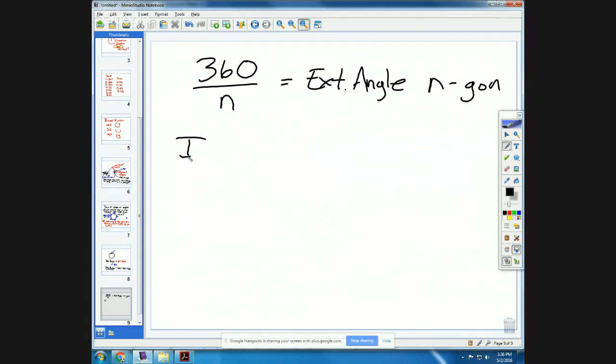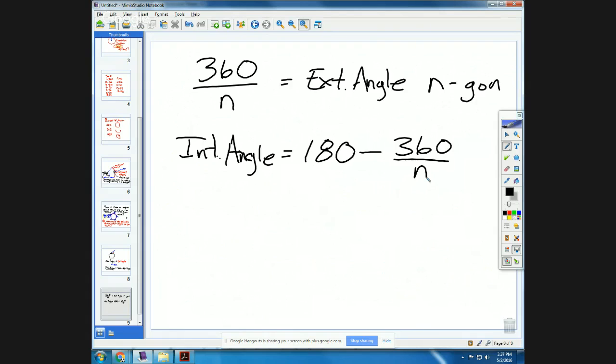The interior angle is equal to 180 minus the exterior. Well, the exterior is always 360 over n. So that gives us a single interior angle. Okay.